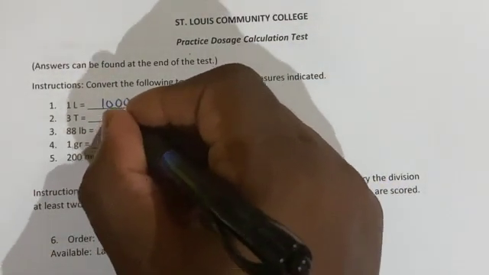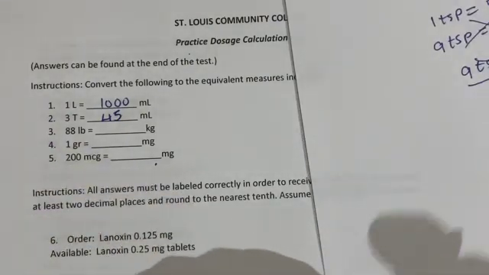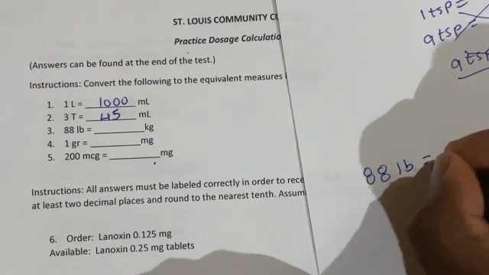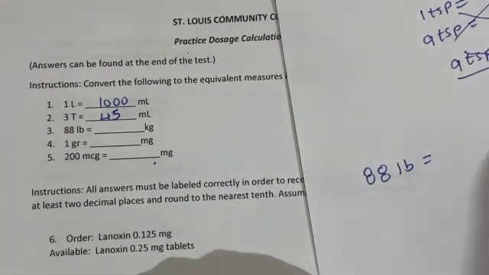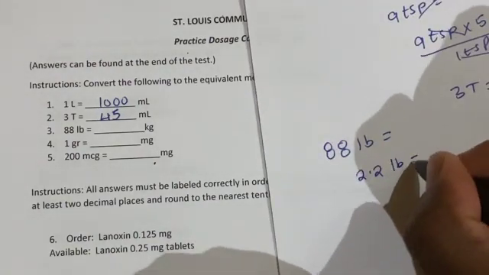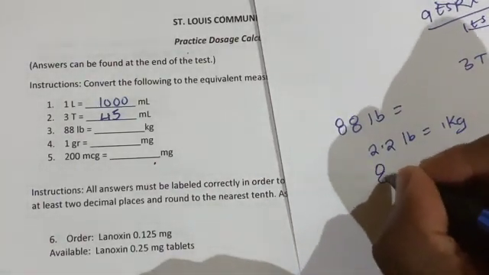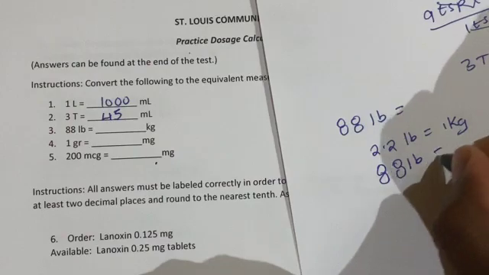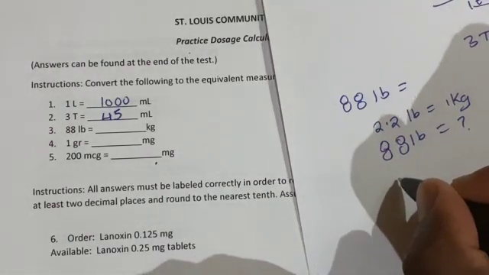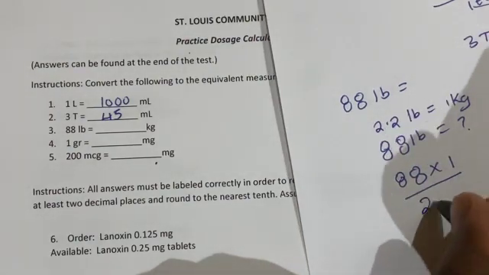And then the next question is number 3, 88 pounds. It's the same as how many kilograms? What we need to know is 2.2 pounds is the same as 1 kilogram. So what about 88 pounds? This one we cross multiply: 88 times 1, divided by 2.2.